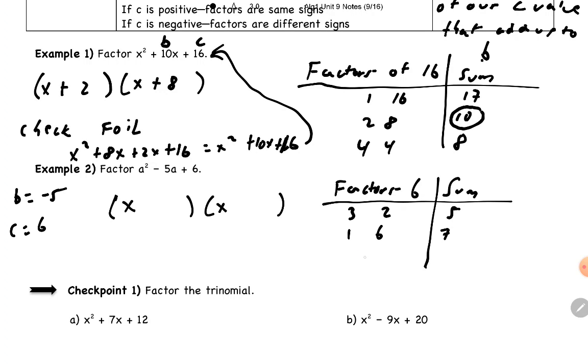We can multiply two negative numbers. So for example, negative 3 and negative 2. Negative 3 times negative 2 is positive 6, and they add up to negative 5. So that's what we're looking for here. My two factors here are minus 3 and minus 2.